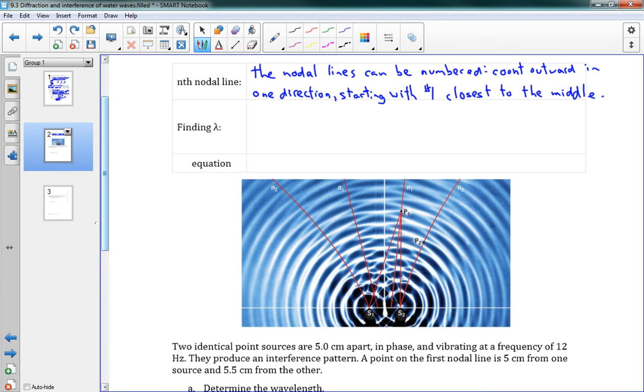Okay. So if we have these nodal lines, why we care about them is that we can use this to find the wavelength of the sources.